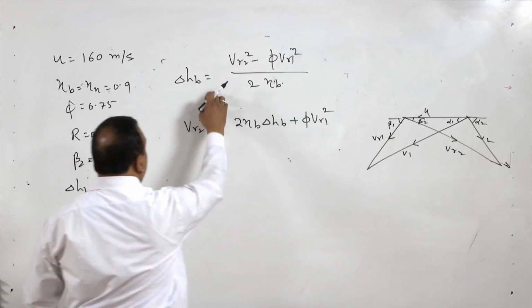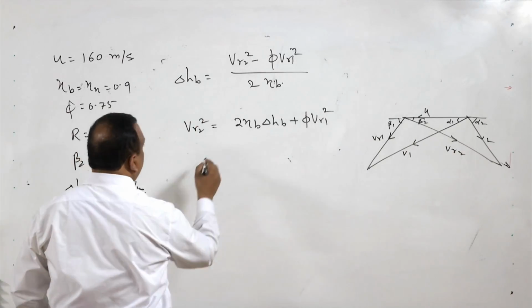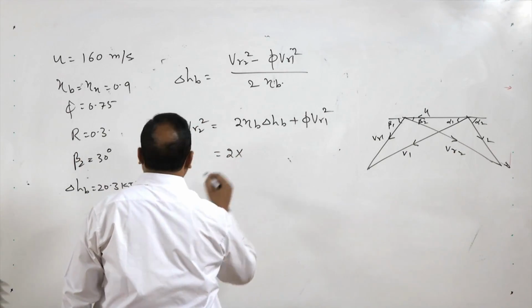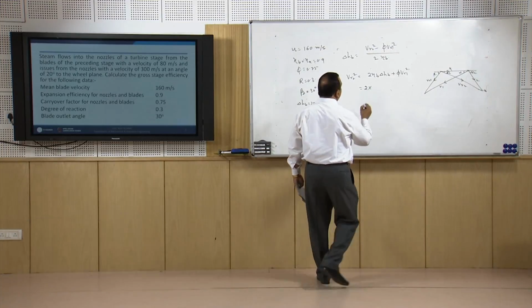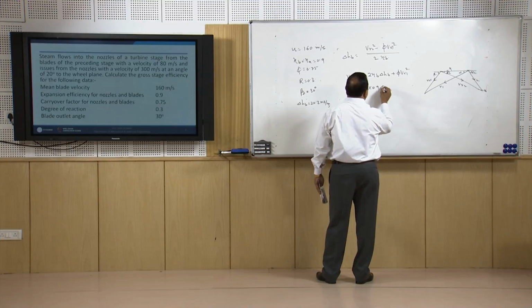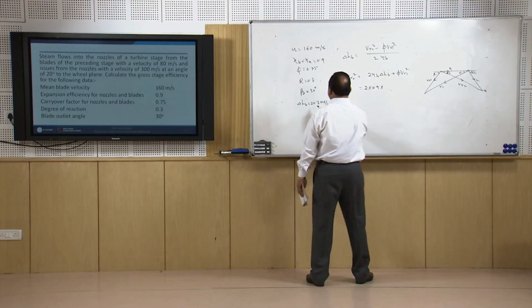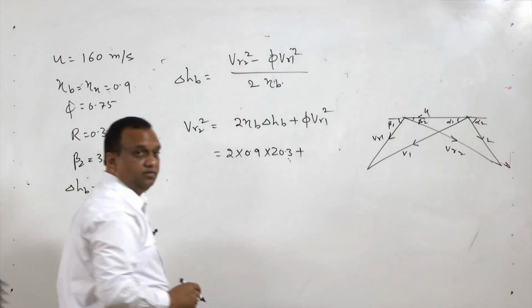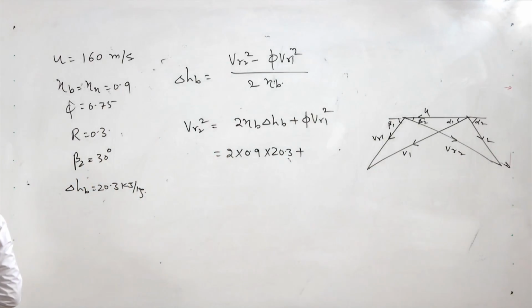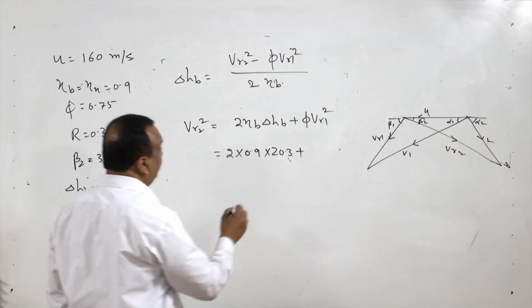From this expression we can get the value of VR2. It is 2 times efficiency of the nozzles 0.9, delta HB we have calculated 20.3, plus phi is 0.75.